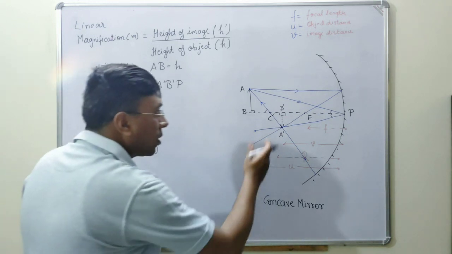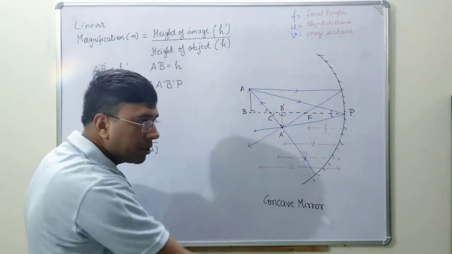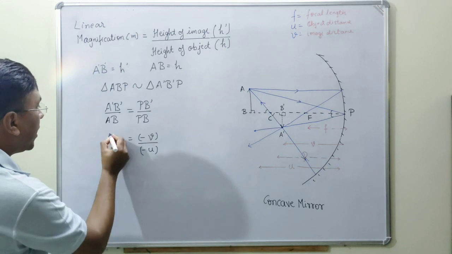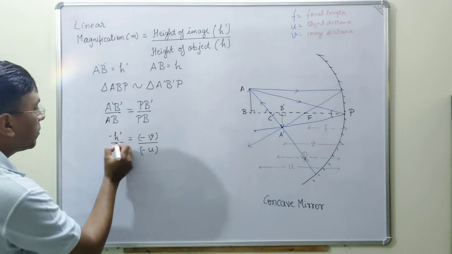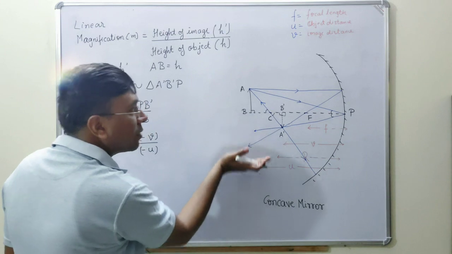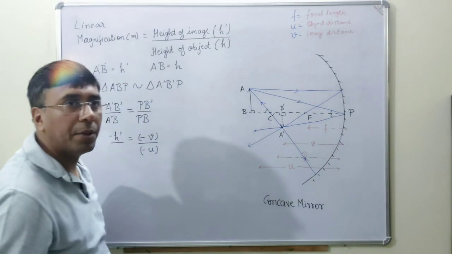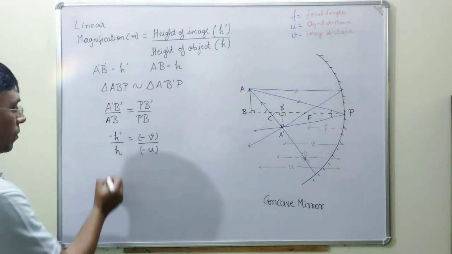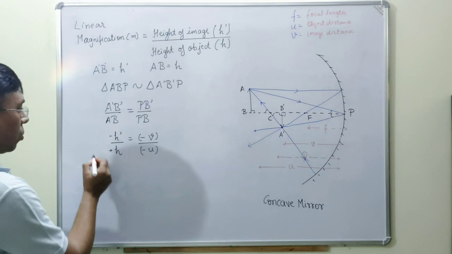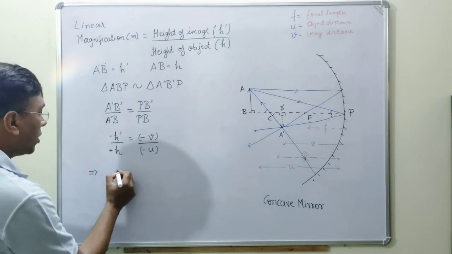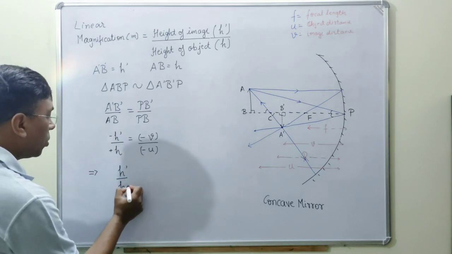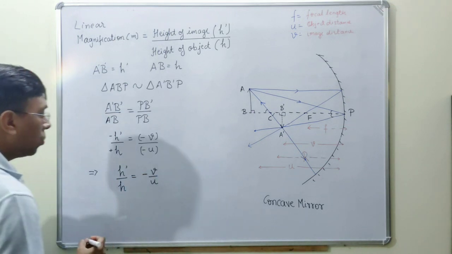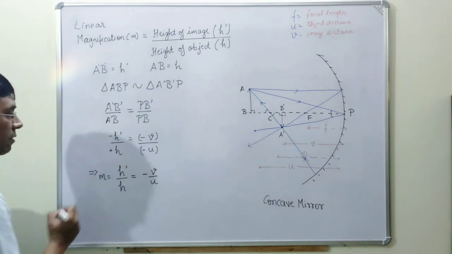Now A dash B dash: since we are measuring A dash B dash in the downward direction, that is in the negative direction, I will take A dash B dash as minus h dash, and AB, since it is above the principal axis, that is we are measuring AB in the positive direction, I'll take this as plus h. So this result gives me h dash upon h equals minus v upon u, and this is nothing but the magnification.